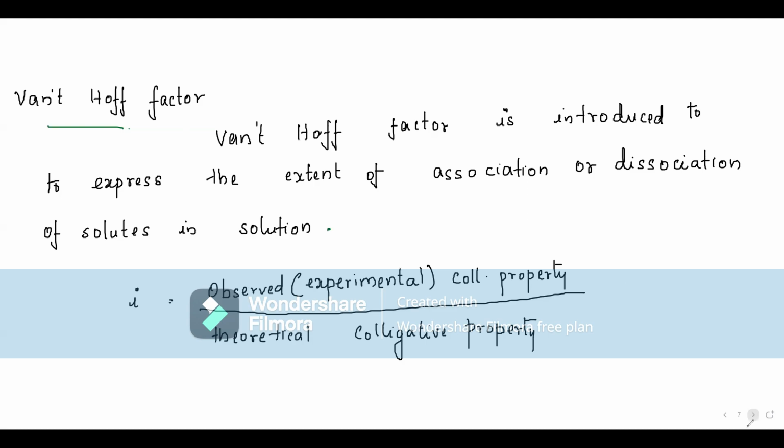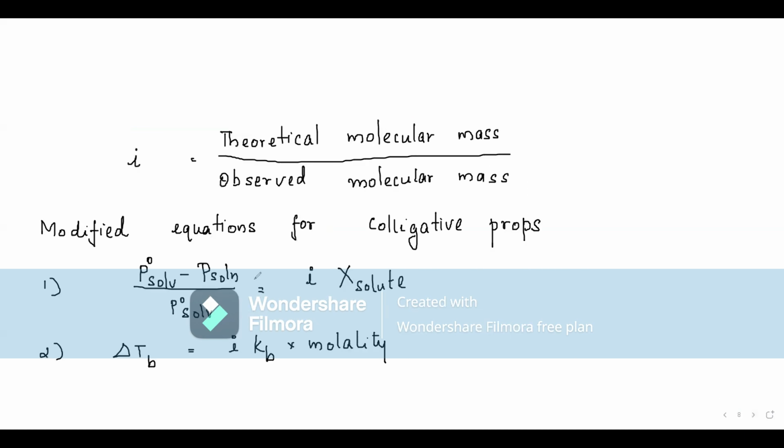Now, we know this variation in colligative property is affecting the molar mass as well. So I can also be calculated by dividing theoretical molecular mass with observed molecular mass. That is, I is also a ratio between theoretical molecular mass and observed molecular mass.